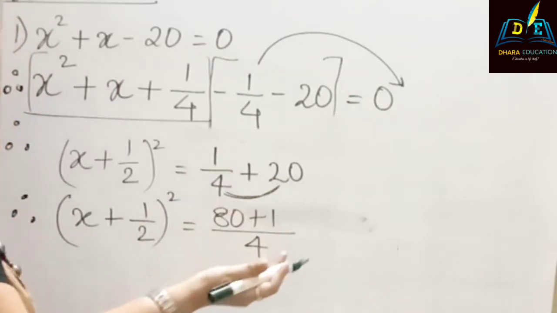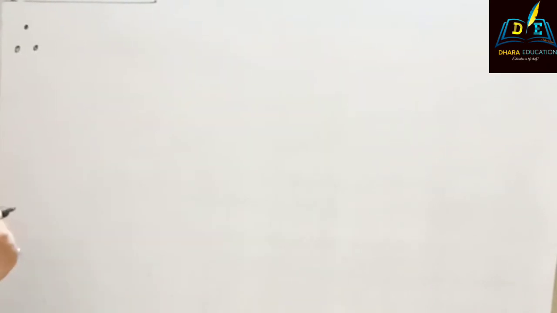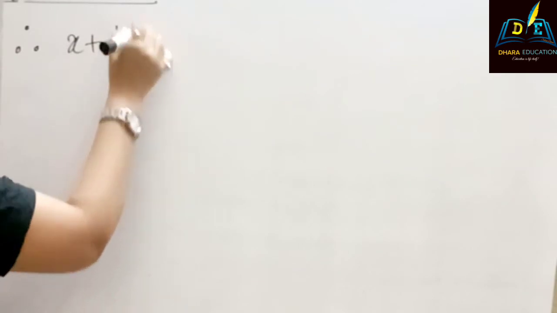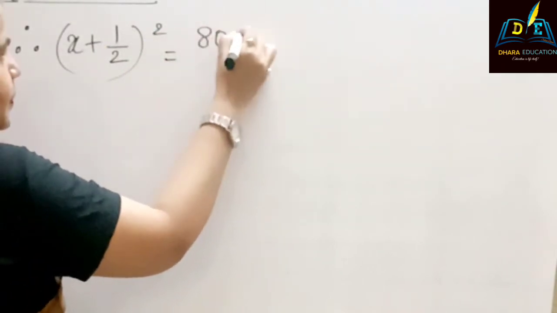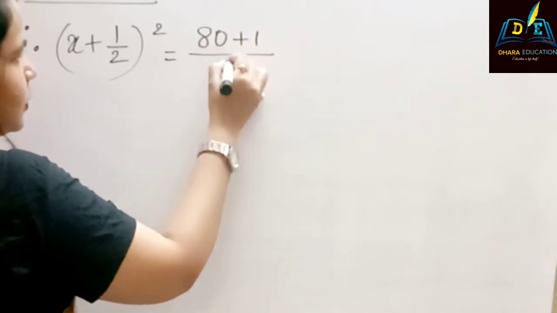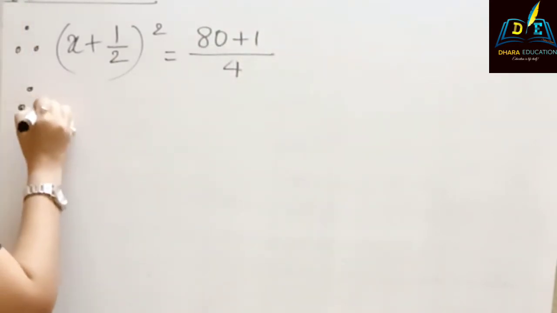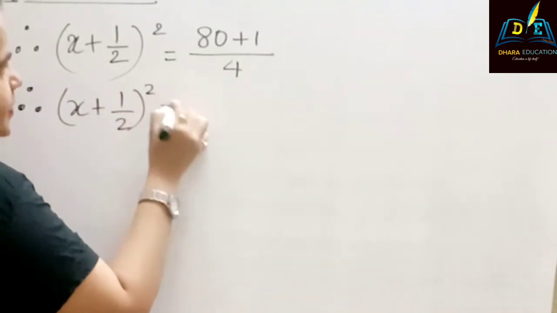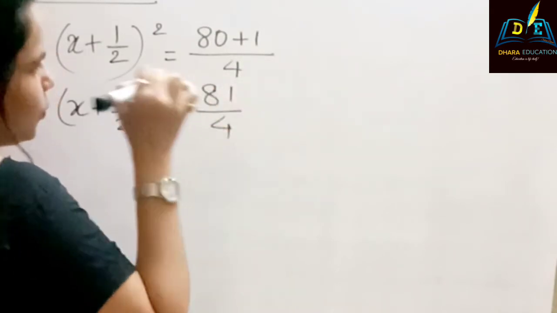Okay, so that's it. That is easy. That much easy it is. So the next step will be x plus 1 upon 2 the whole square is equal to 80 plus 1 upon 4. Next step will be x plus 1 upon 2 the whole square is equal to 80 plus 1 gives you 81 upon 4.